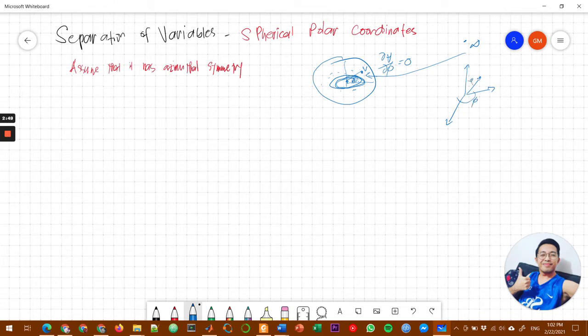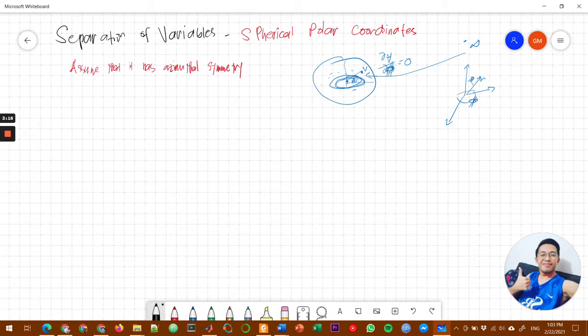So somehow when we try to calculate for the potential in spherical polar coordinates, automatic it has actually azimuthal symmetry. So ang iyang potential doesn't depend on the phi angle, but only depends on theta and of course the r. I hope that is clear.